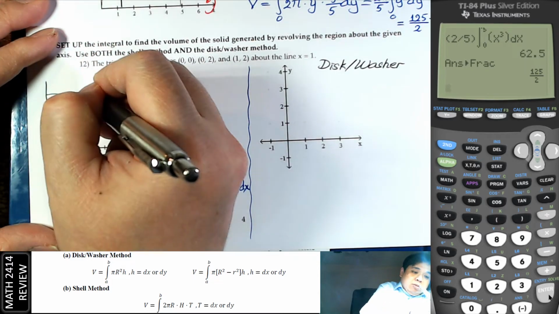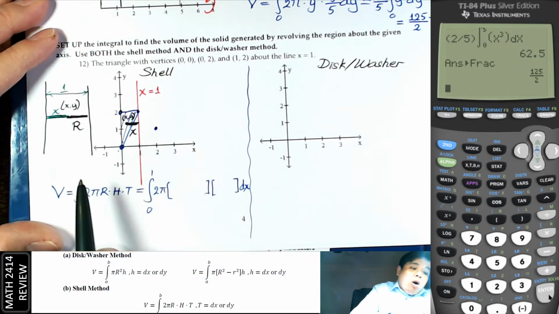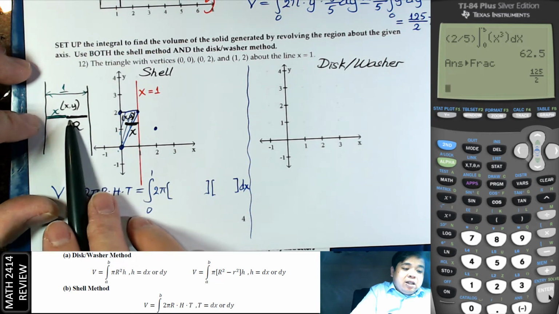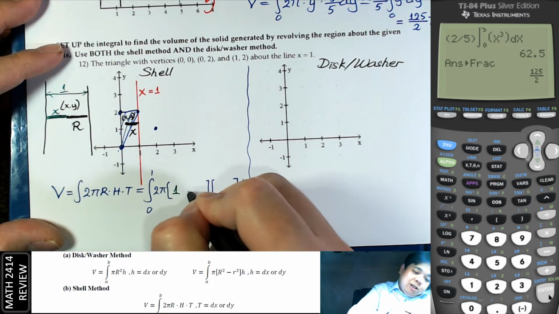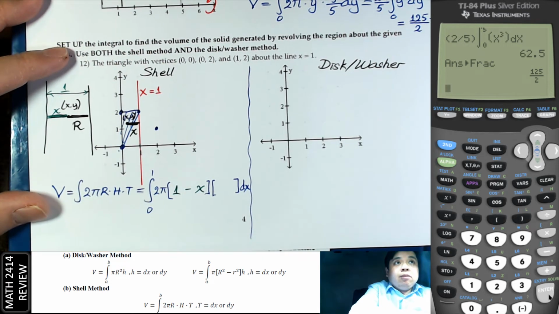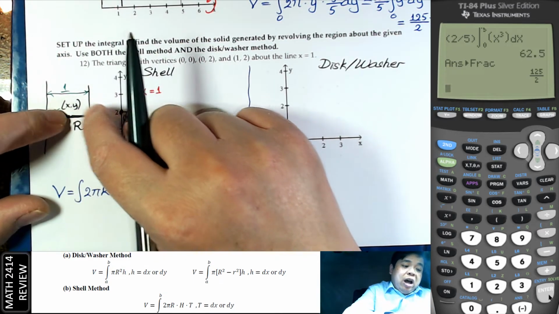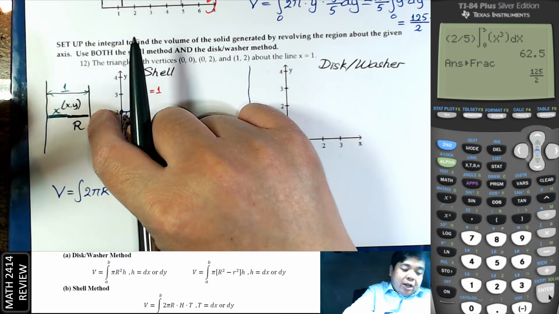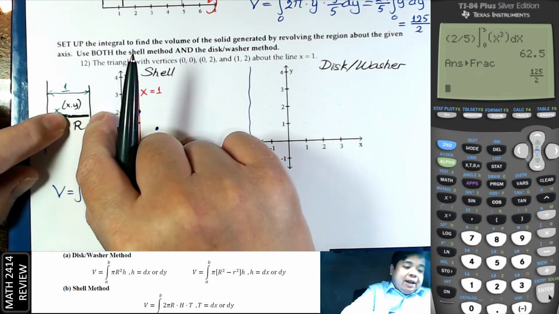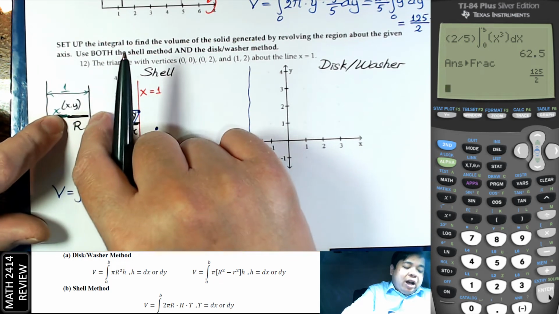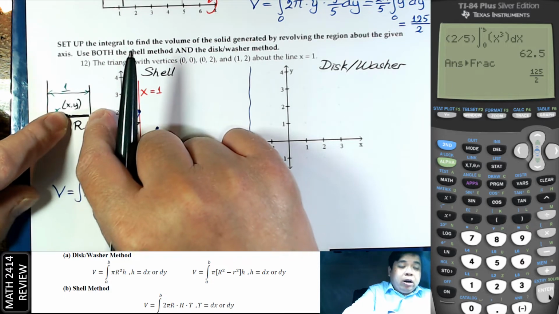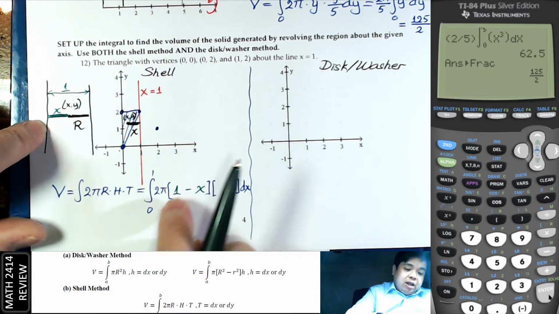The whole thing is 1. So r in this case is going to be 1 minus x, because x is the distance to the y-axis, not the distance to the axis of rotation. So the distance from the point to the axis of rotation, that is r. That's what we want. So r is equal to 1 minus x.